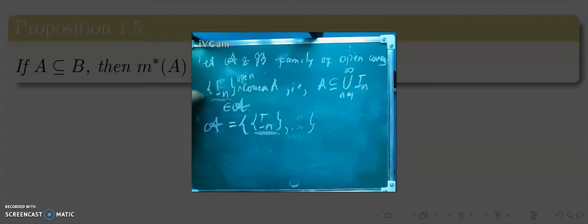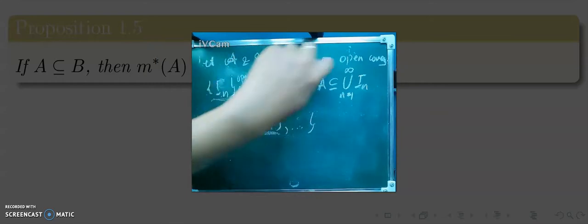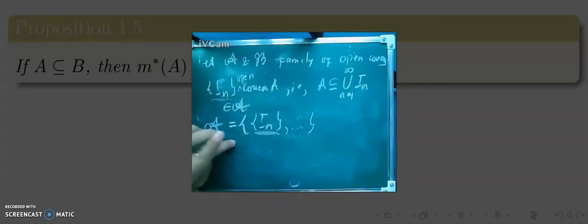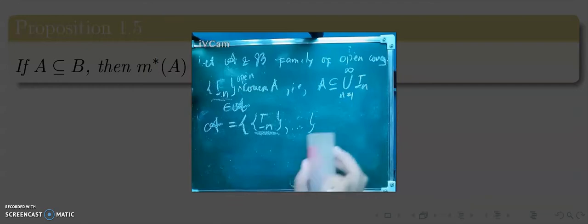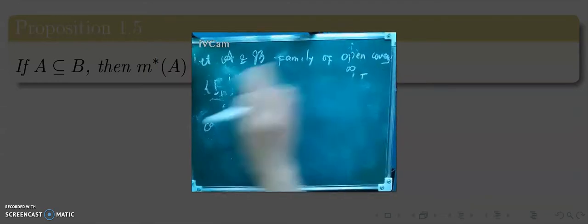And since this is an open cover of A, this belongs to script A. It is a family of open covers. So again, this is our script A, the family of open covers of A. So let's have an illustration.